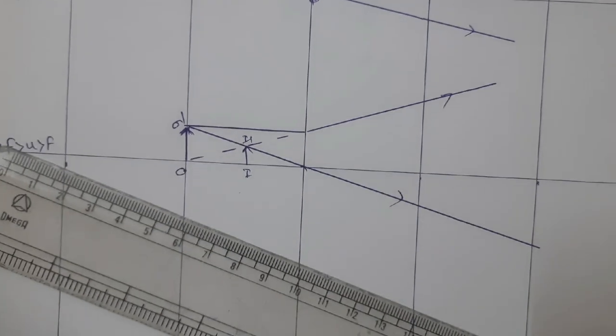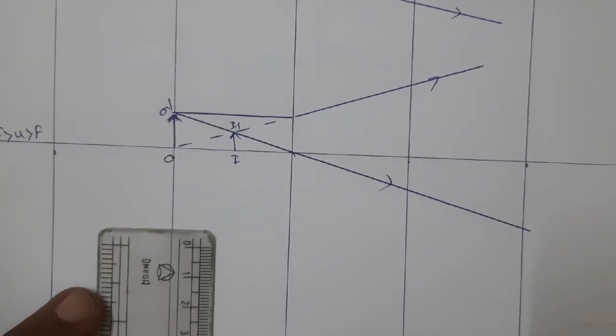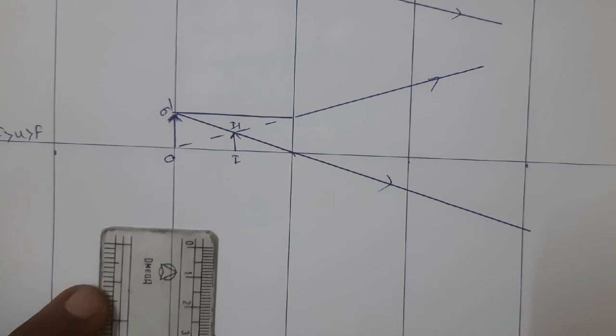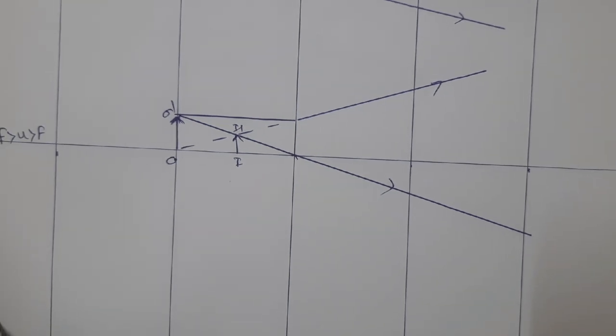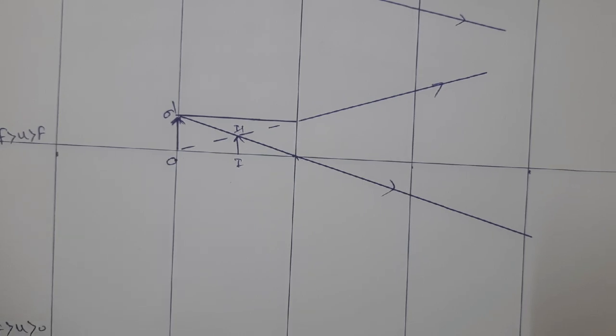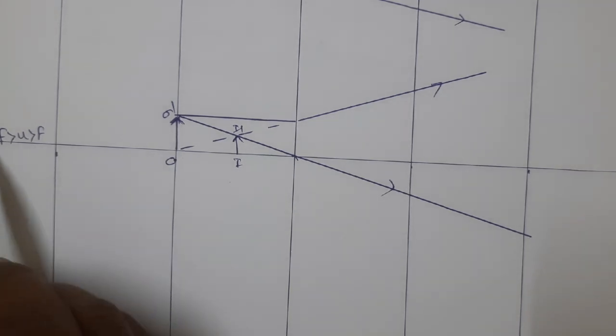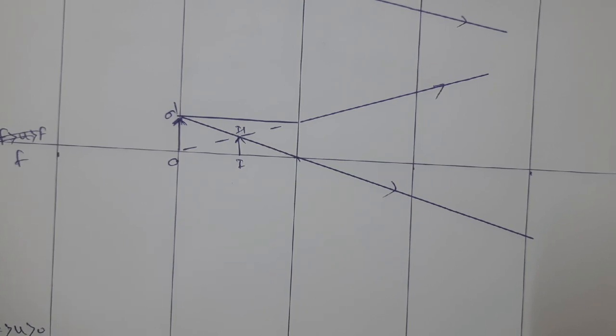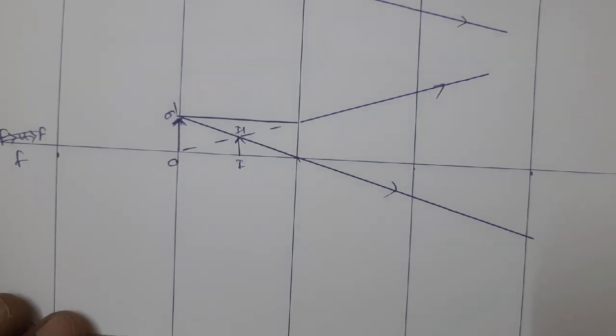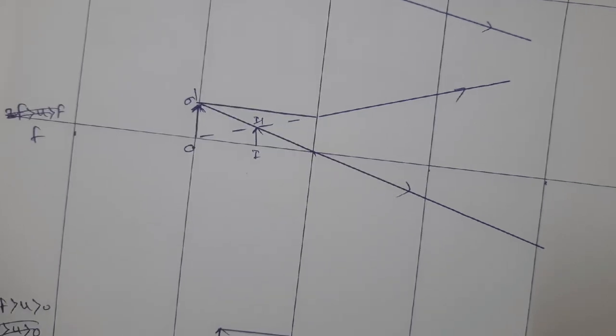And finally, if I think about the object in between f and the pole, that is f is greater than u is greater than 0, then again I will have to draw a line parallel to the principal axis.